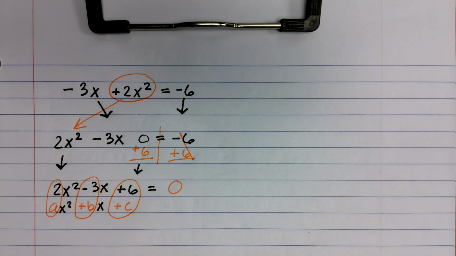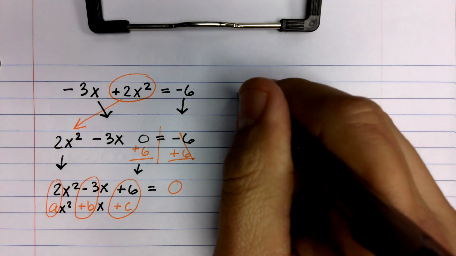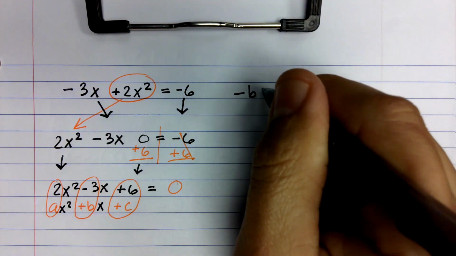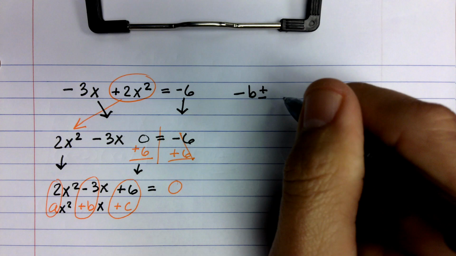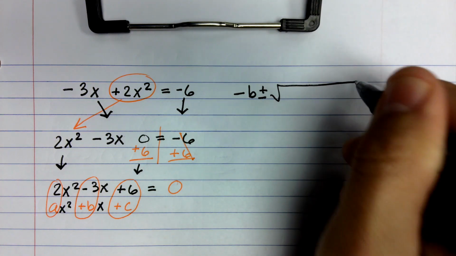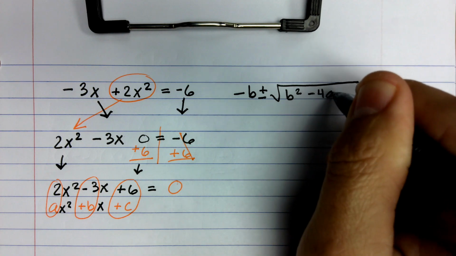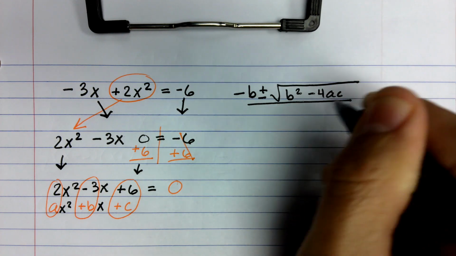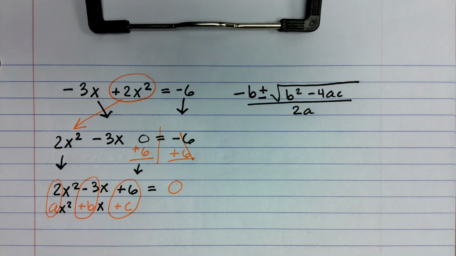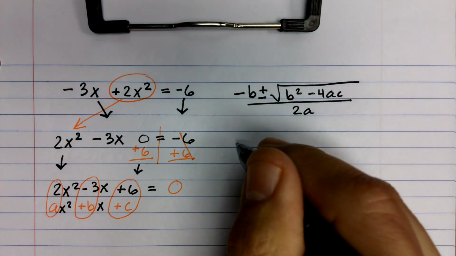So let's go ahead and write the quadratic formula. My quadratic formula is going to be negative b plus or minus the square root of b squared minus 4ac, divided by 2a. Now we're going to replace these values one at a time.